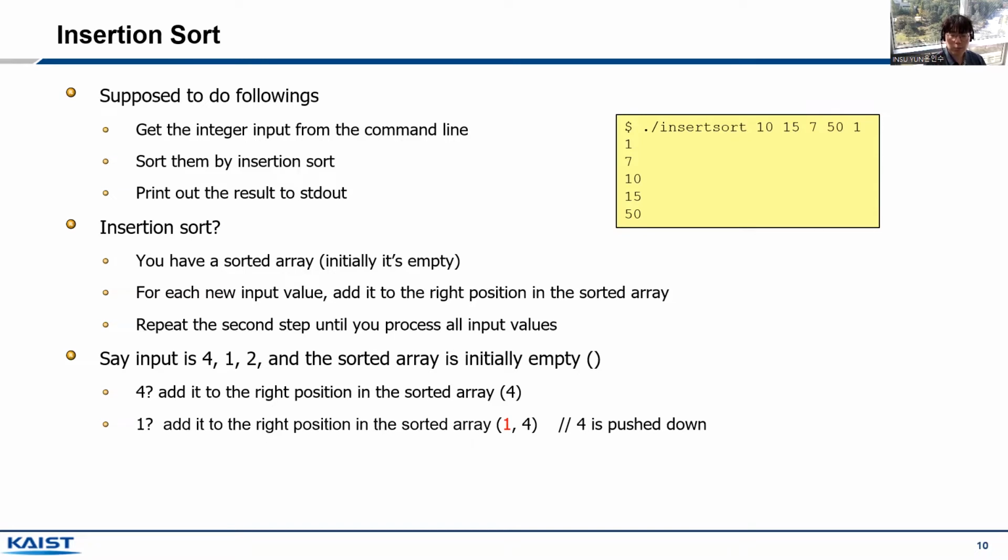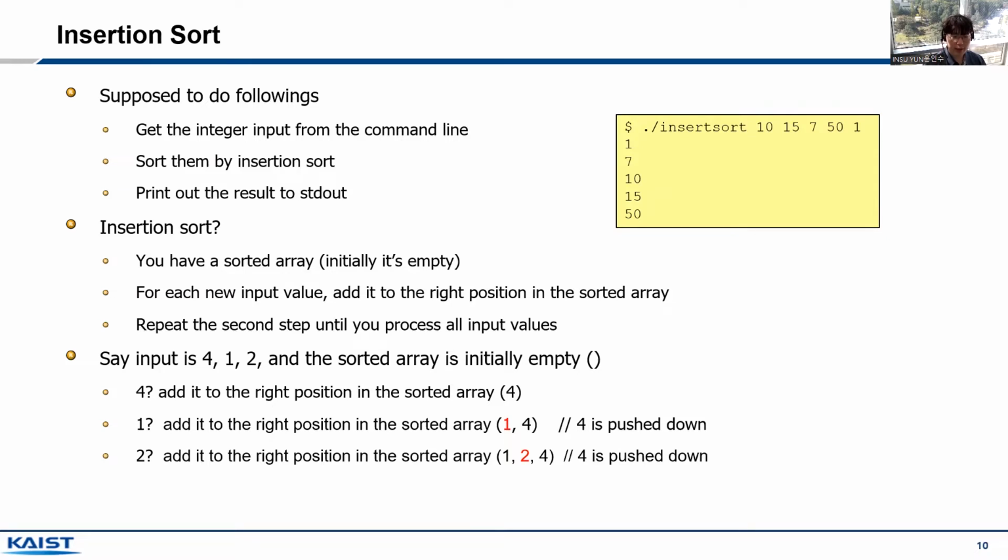And we want to add 1, to the right position in the sorted array. To keep our array sorted, we should put 1 at the start of our array. So we move our number 4 to the right side and put the 1 in the first position of the array. And then we want to add a 2.